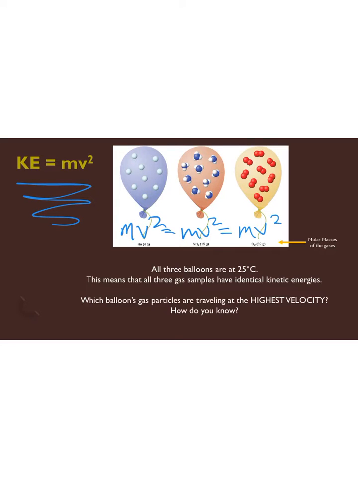So which one is going to have the highest velocity? Well, if they're all equal and you put in the masses, you can understand that these molecules will have the highest velocity because they have the least mass. Because the mass is down, it's going to bring the velocity up.